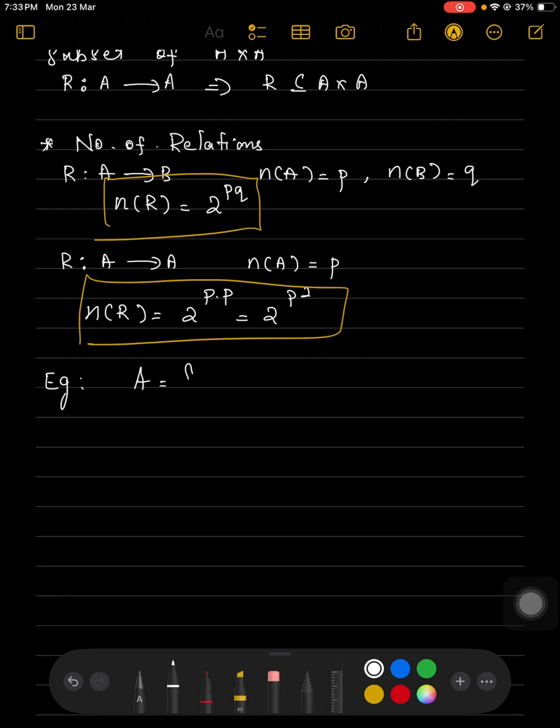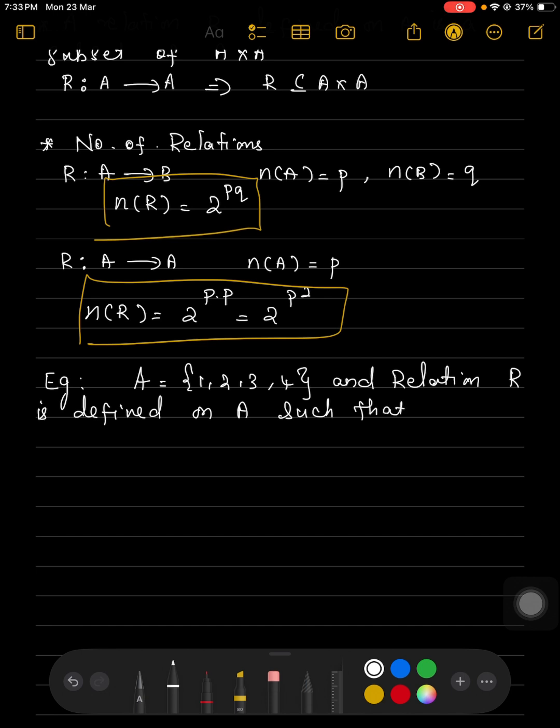Let's see one example of relation. Set A is 1, 2, 3, 4 and relation R is defined on A such that, what is the relationship between the elements?